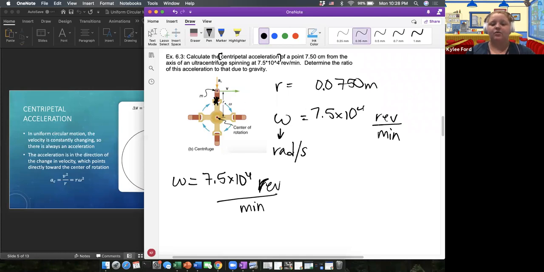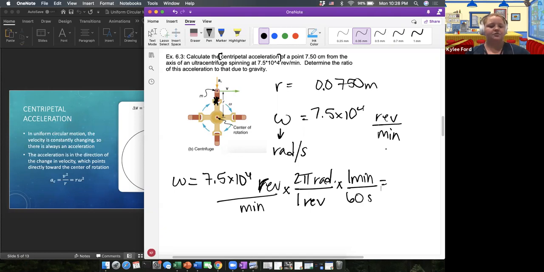How many radians if I go all the way around the circle? It's 2 pi radians, right? We talked about this in the lecture. So for one revolution, there are 2 pi radians. Now I have that first part figured out. Now I need to get from minutes to seconds. We know that in 1 minute, there are 60 seconds, right?